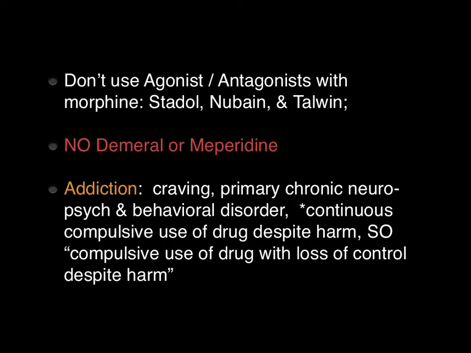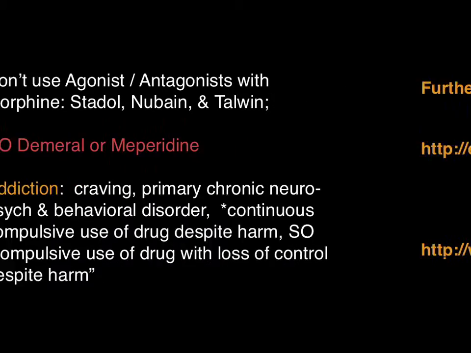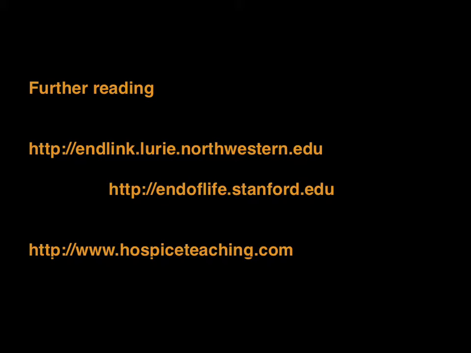So I do not want to erase that, and I want to discard that. And I want to tell them that if the pain is under control, patient will feel better. And addiction is a chronic neuropsychological and behavioral disorder. It's a compulsive use of the drug with loss of control despite harm, which doesn't happen in hospice and palliative care patients.